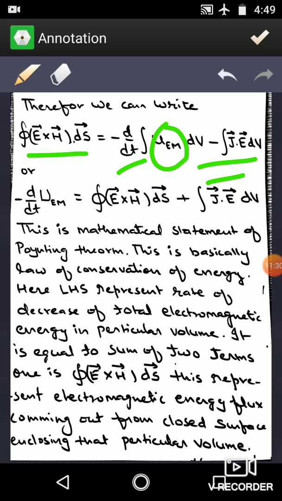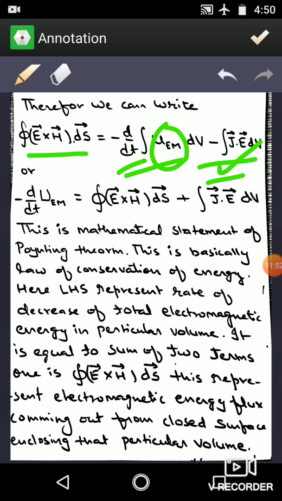Now this quantity is transferred into the left hand side.